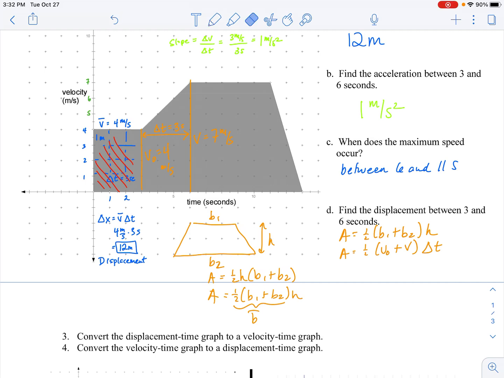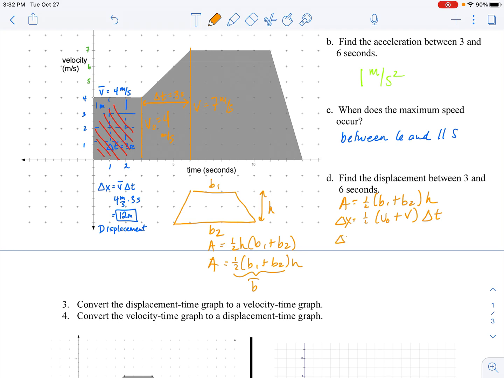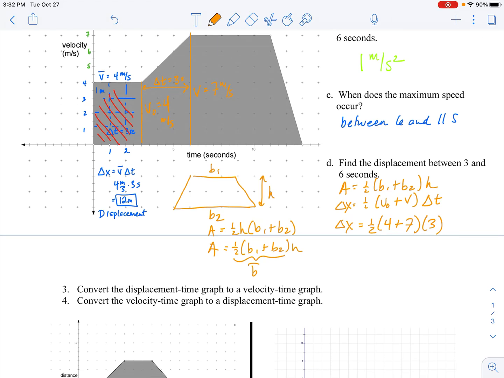Well, this is an equation that we've already learned. This is an equation for displacement. Anyway, when we solve it, we get 1/2 times 4 plus 7 times 3. So that would be, let's see, 33 divided by 2. 16.5 meters.